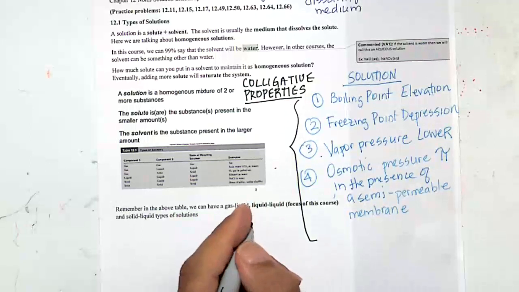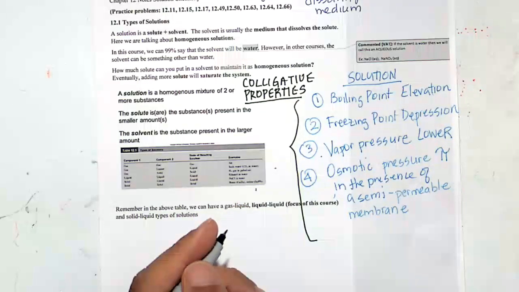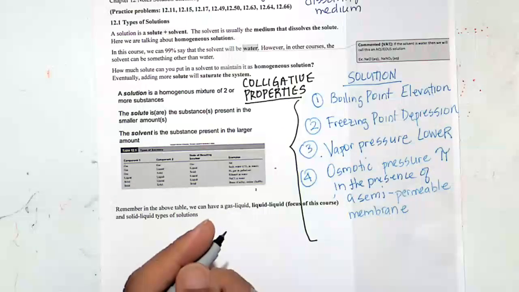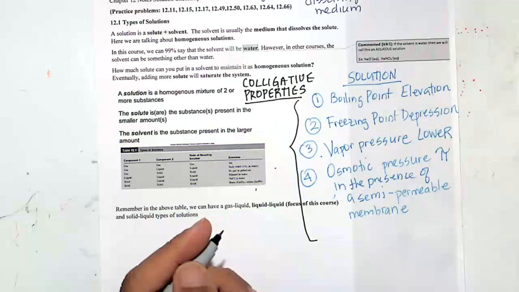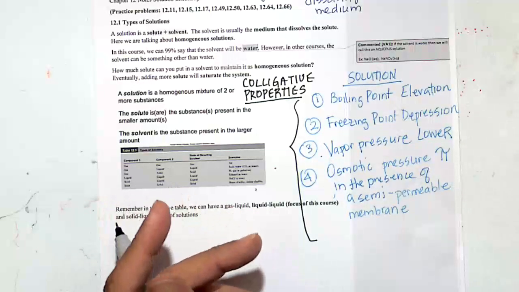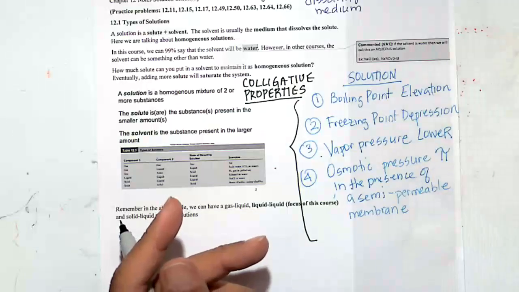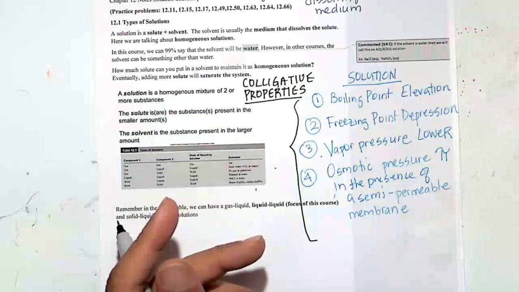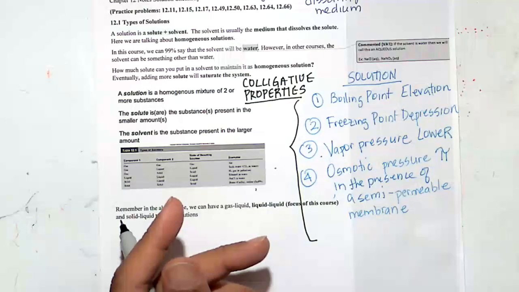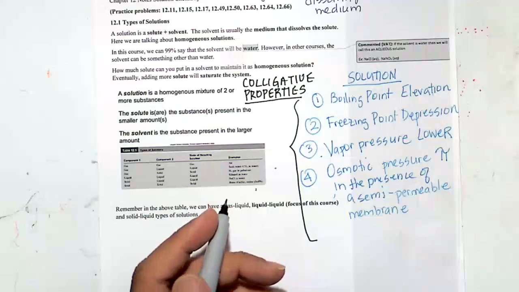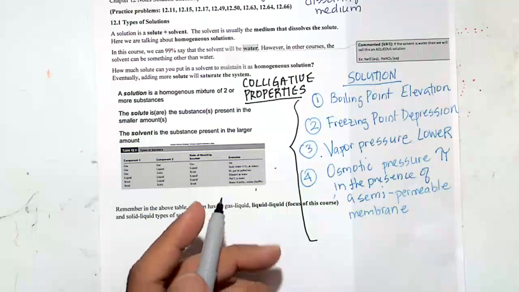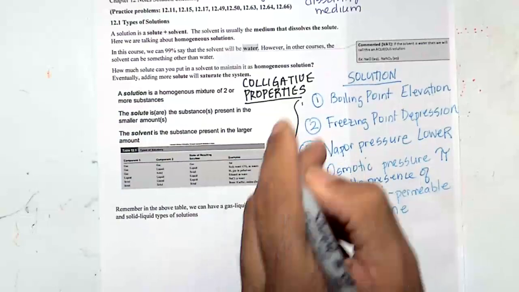No matter how complicated the molecule, this can be glucose, which has some structure, some formula. This could be some poison. This could be an elixir. This could be the hardest chemical complex in the world. This could be the simplest chemical formula in the world. It doesn't matter the structure. It doesn't matter the molecular weight, as long as it dissolves in the solvent that you choose, all four things will happen.